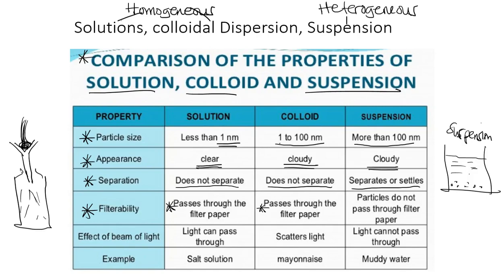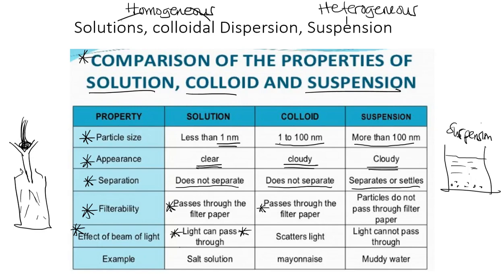Another thing that distinguishes especially a solution from a colloid is a beam of light. So if you take a flashlight and pass it through a solution, the light will pass through it and you will not see the beam of light. You won't see it at all. It will just pass through it.